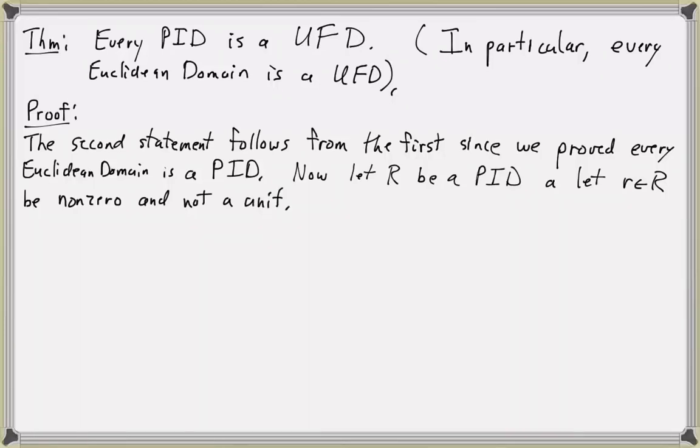So we need to show that little r is the product of irreducibles in R, and secondly we need to show that the factorization is unique.